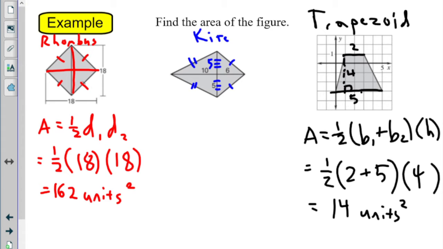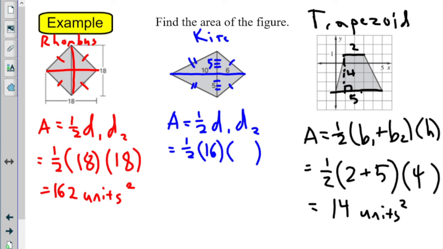And now we know what the diagonals are, because we're going to be using the same formula for the kite that we did with the rhombus. So that's going to be 1/2. This entire diagonal all the way across is what? That entire distance all the way across. We have 10 here and 6 here for a total of 16.